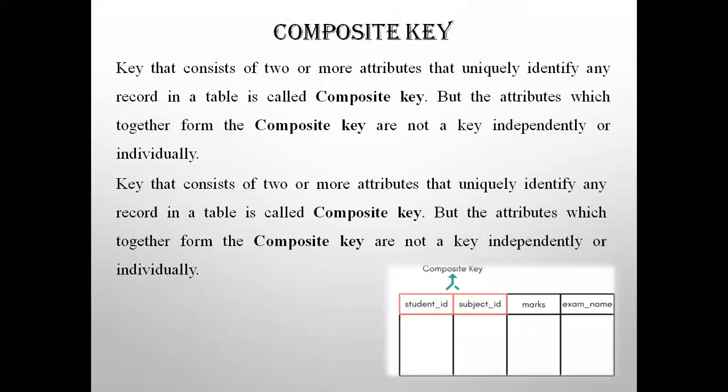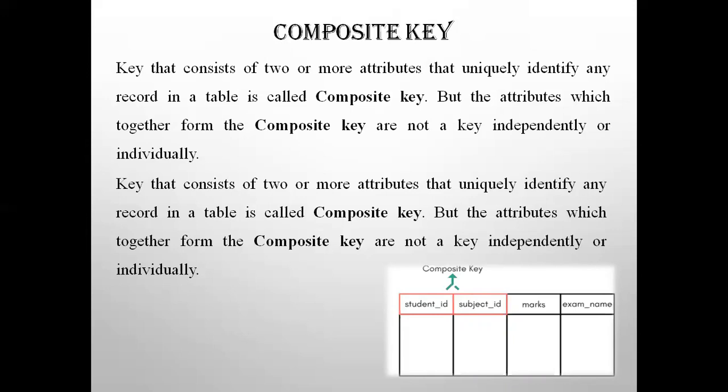Third is the composite key. It is a combination of two or more columns that uniquely identify rows in a table. The combination of columns guarantees uniqueness, but individually uniqueness is not guaranteed. Combined, it is guaranteed.